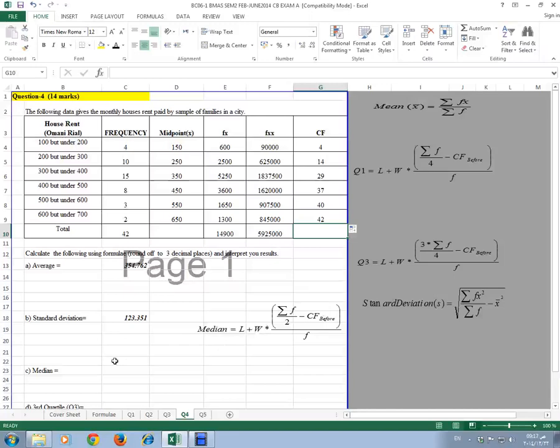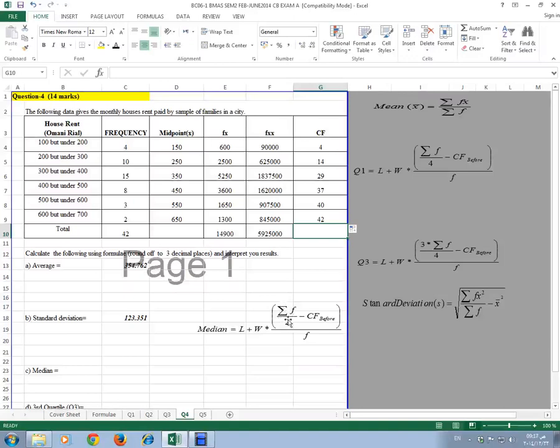Now, after finishing calculating CF, we need to find total of frequency divided by 2. What is this? This one is the position of the median. It is not the median, but the place of the median.